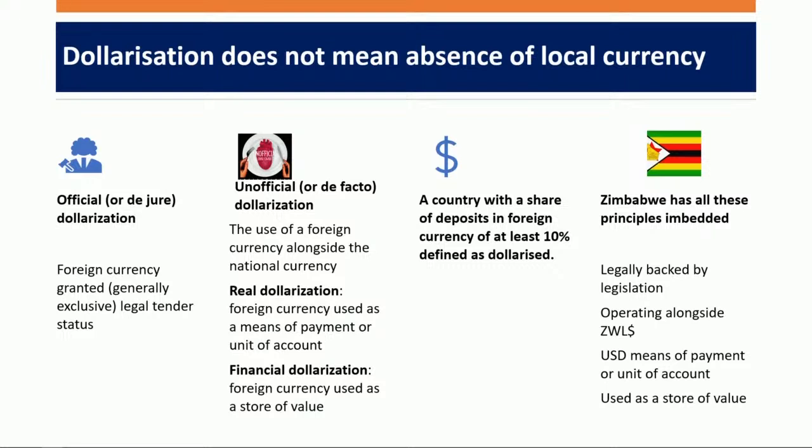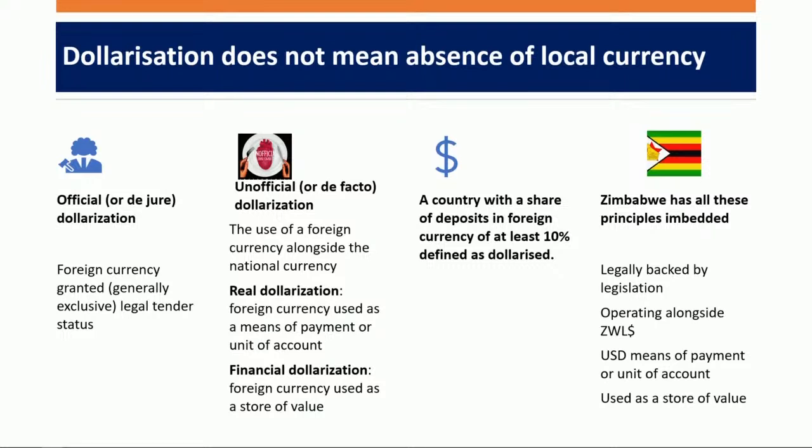But in the literature, they also say a country with a share of deposits in foreign currency of at least 10% is considered dollarized. So dollarization is broad, with quite a large window from 10% to where we are, which is also dollarized.